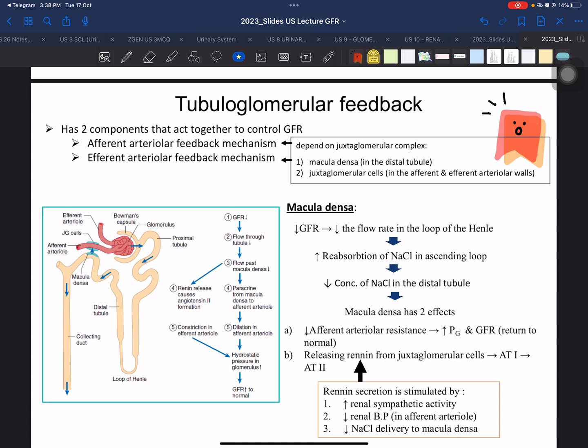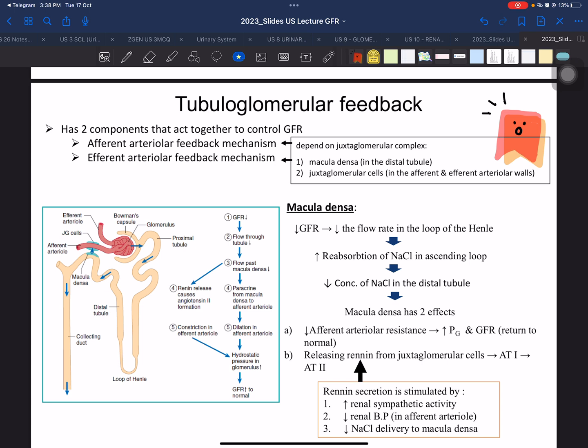This renin is stimulated by an increase of renal sympathetic activity, or if there is a drop of renal blood pressure, or a decrease in sodium chloride delivery to the macula densa. So we know that angiotensin 2 will constrict the efferent arterioles, which will increase the hydrostatic pressure and GFR returns to normal.